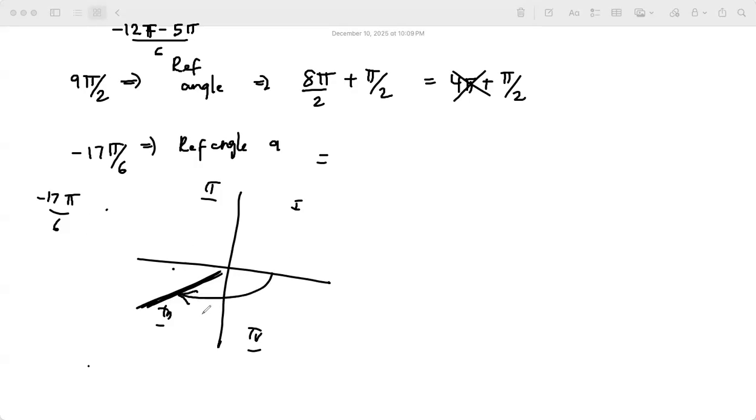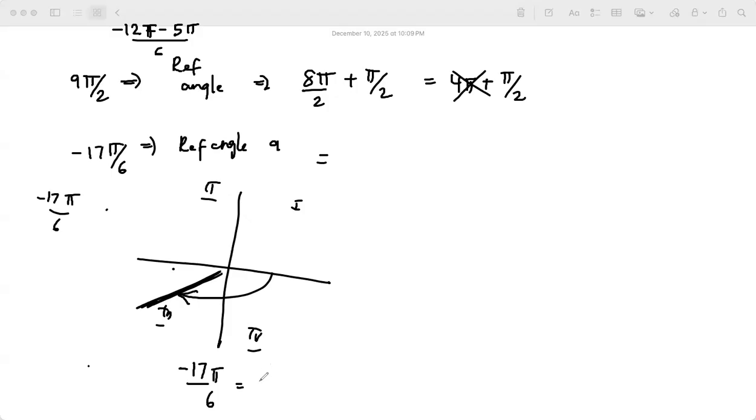What is the coterminal angle, the reference angle? No, not 51, sorry. I forgot this.